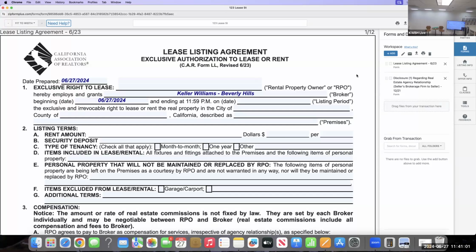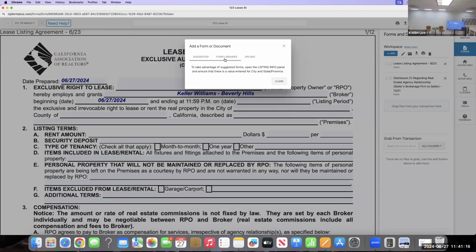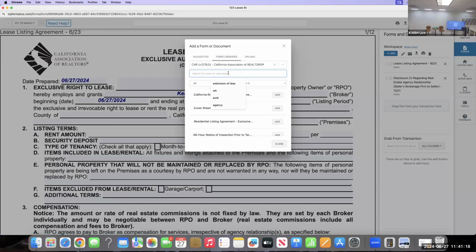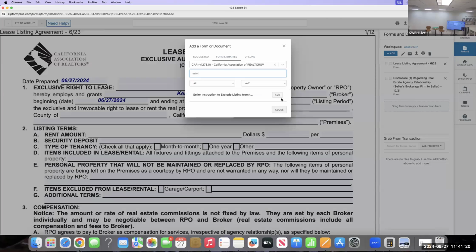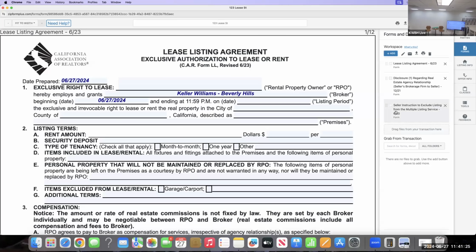And then there's another form that we can add called the seller's exclusion for listing. MLS rules say we need to immediately list a property in the MLS. If we take a listing, it has to go in the MLS immediately. So the way around that is to add a form, I'll show you, called SELM. That's the seller instruction to exclude. I'll show you real quick how I fill it out.